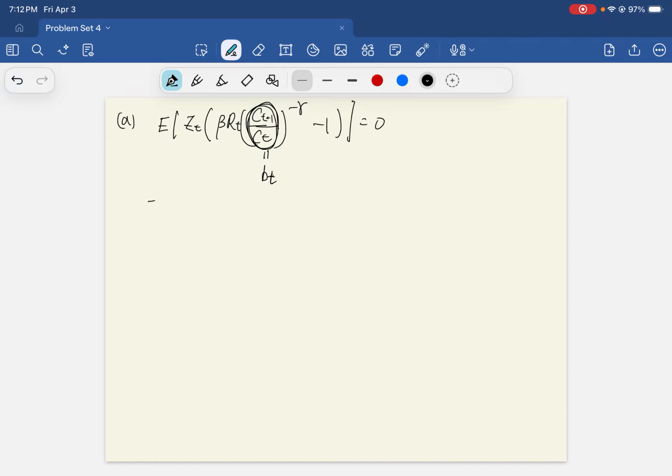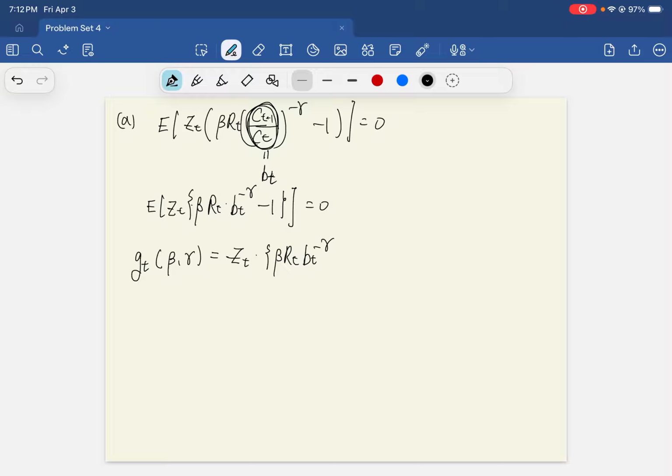So I will write this as z_t times beta R_t B_t to the minus gamma, minus 1, equals 0. So I will define g_t(beta, gamma) as z_t times beta R_t B_t to the minus gamma, minus 1.